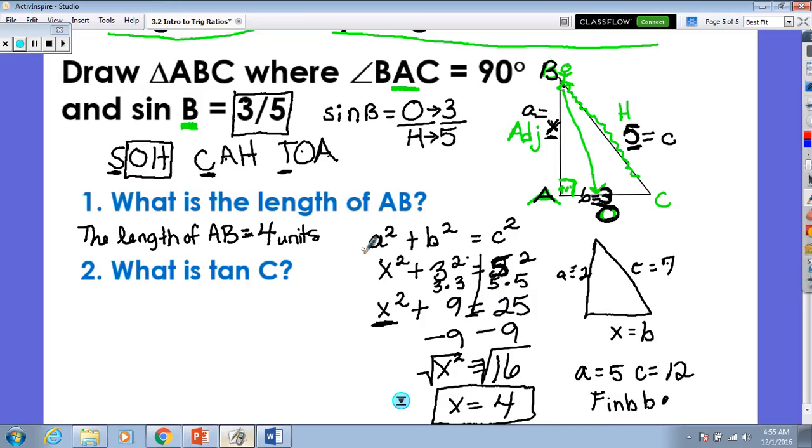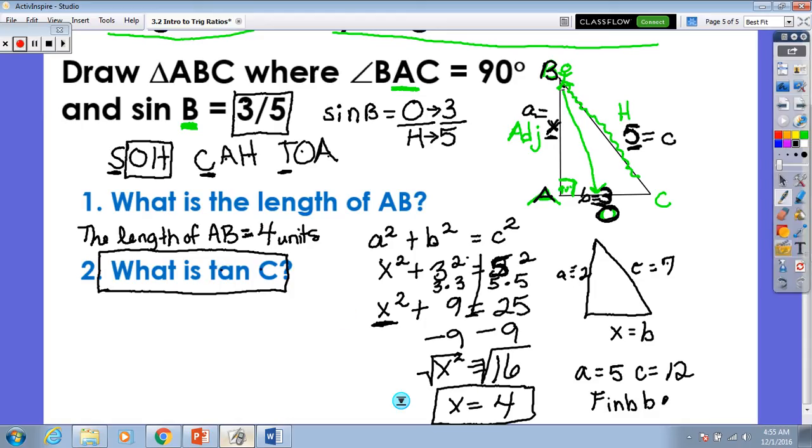Alright, so if there are no questions or the questions have been answered, now what we want to do is find number 2, what is the tangent of C? Now I am just asking you for the ratio. What does the fraction look like for the tangent of C? Now that we know everybody's length, let me go ahead and clean this up a little bit.